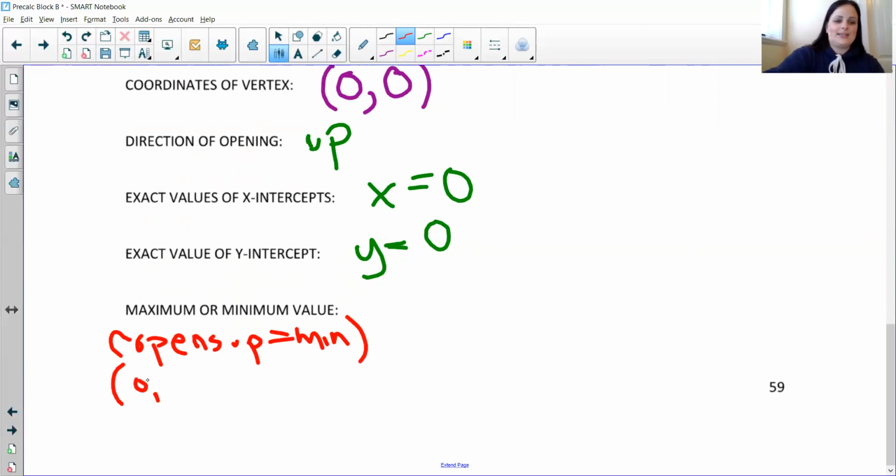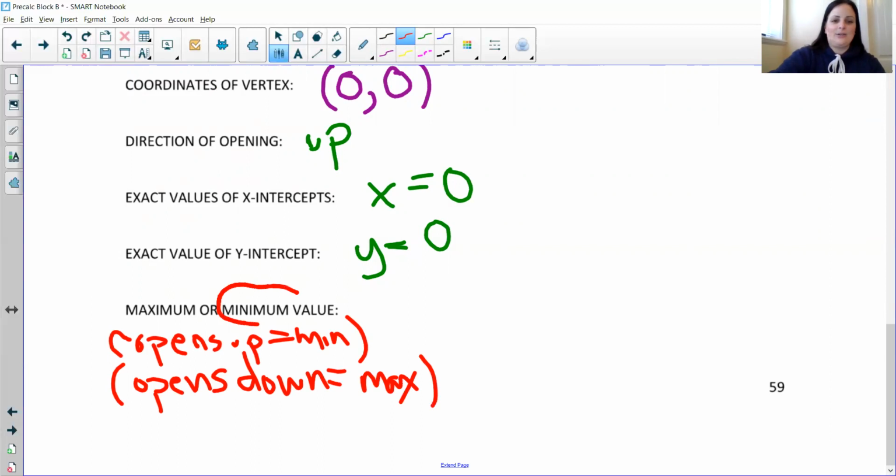And if it opens down, you're looking at a max value. So this one has a minimum value. It's going to go up into infinity. It's going to keep opening up, and those two sides of the parabola are going to go up and up and up to infinity and beyond, and they're never going to stop. So there's never going to be a max point this parabola reaches.